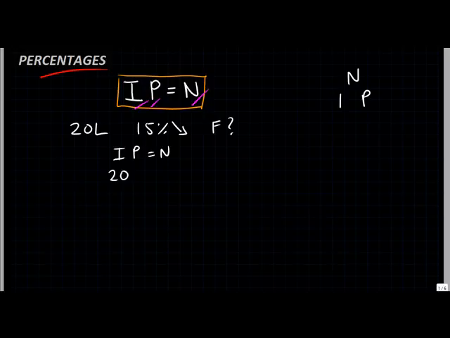That would be 100% take away 15%, which is 85, as a decimal 0.85, equals the new amount, or how much fuel is left. That's a simple multiplication, which is 17. So 17 litres is how much you've got left. This was one where we had the new amount missing, and we're trying to calculate it.